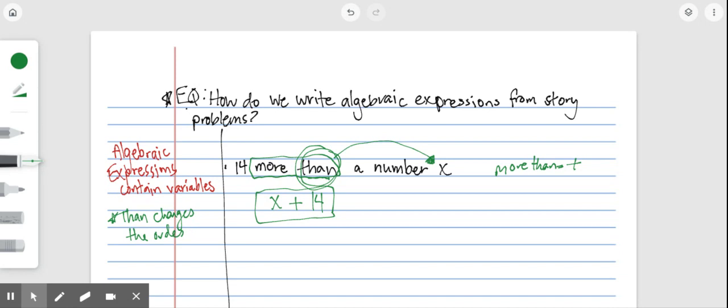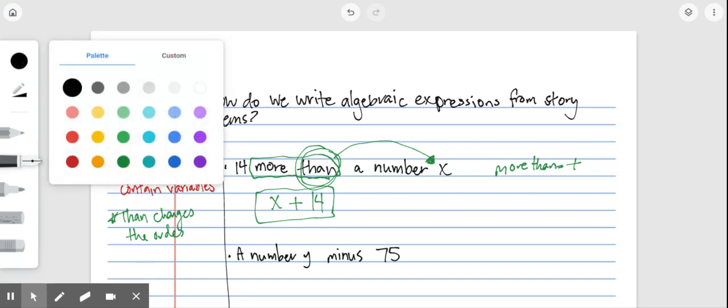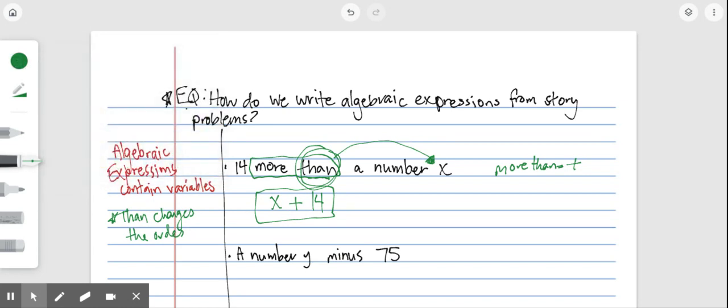Okay? All right. So I'm going to write another expression. Okay, so the second expression is a number y minus 75. So again, we're looking at the word that's in there that tells us the operation, and it says minus. Okay, so if I look back at the table from yesterday, minus means subtraction.